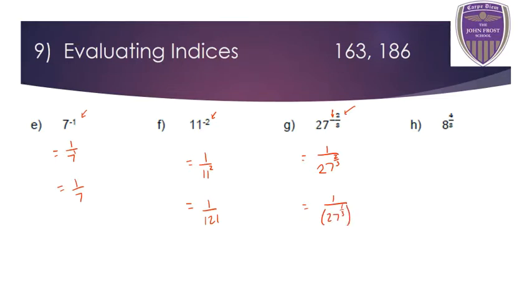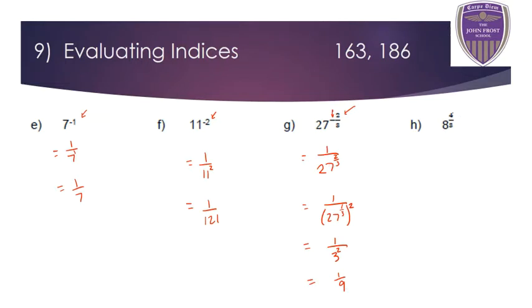So we're going to find the cube root of 27, and then I'm going to square my answer to that. So what's the cube root of 27? Well, it's 3. 3 times 3 times 3 gives me 27. And I'm now going to square it. And 3 squared is 9. So it gives me a final answer of 1 over 9.